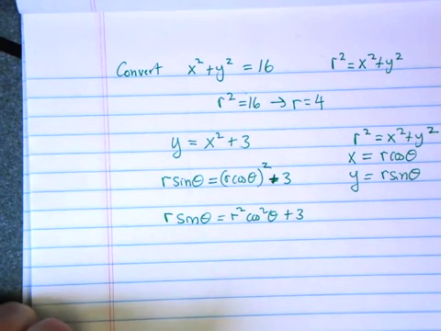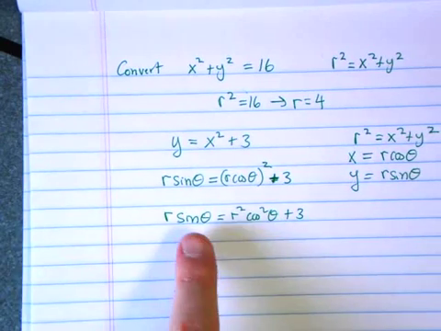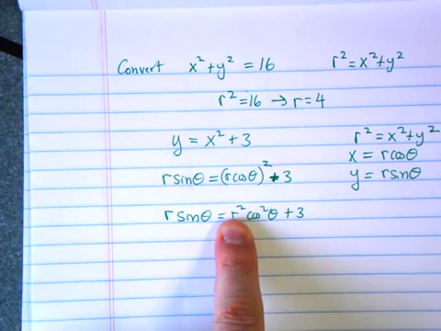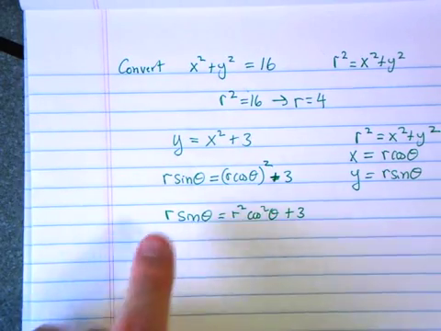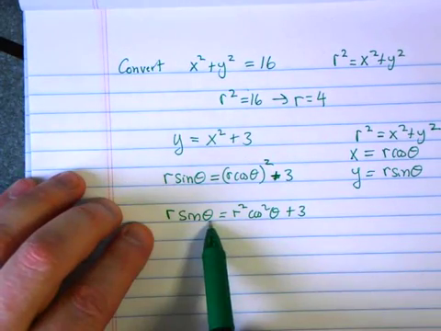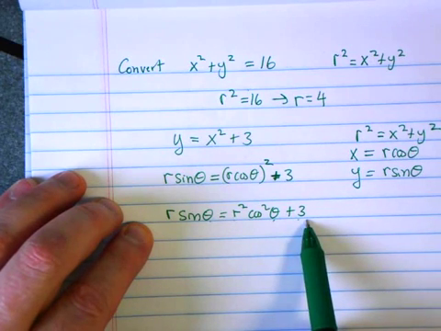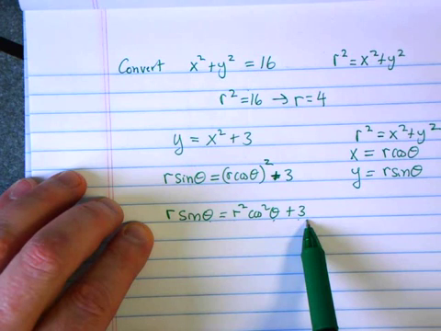Is there an easy way to get r all by itself in this problem? Well, if I divide the sine theta out, I'm going to have r here, but I'm still going to have r on this side. If I divide by r, I have to divide by r here, and divide by r there. So that's going to put an r on bottom. That's even worse. That's a bad thing.